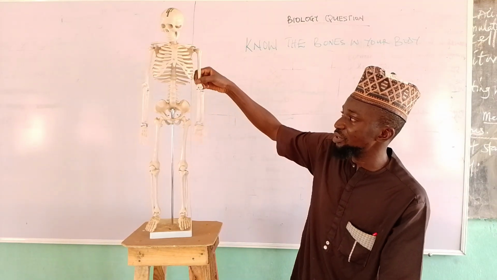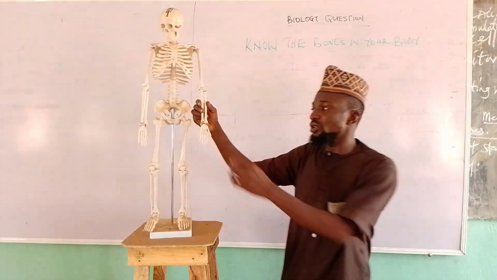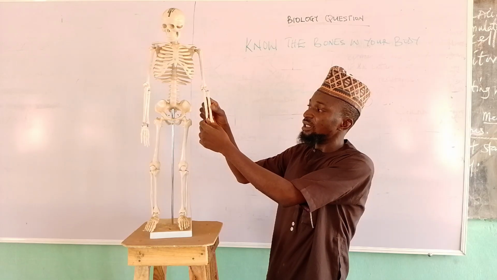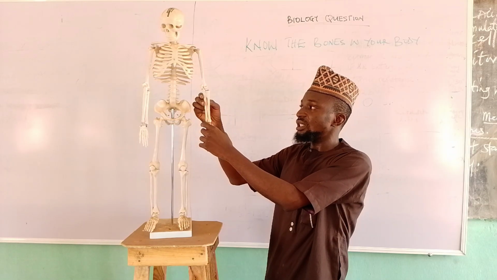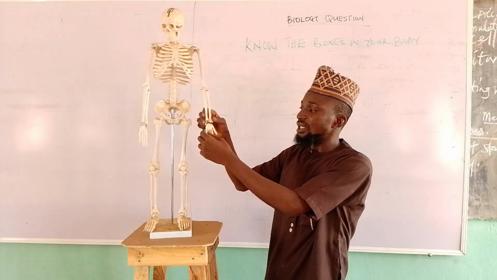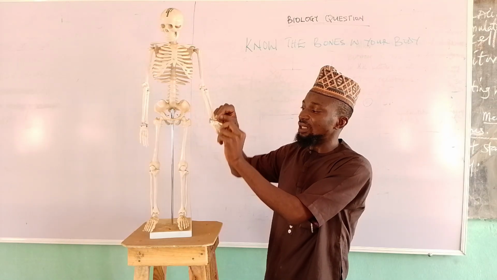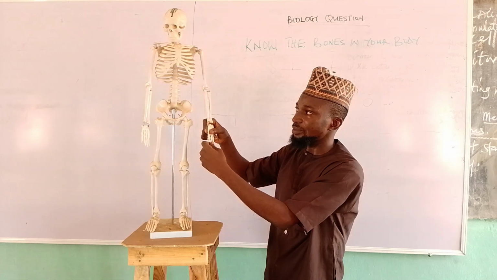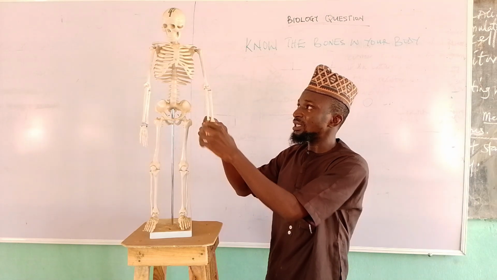Then these two bones are the ulna and radius. Then we have the tarsals, the metatarsals, and the phalanges.